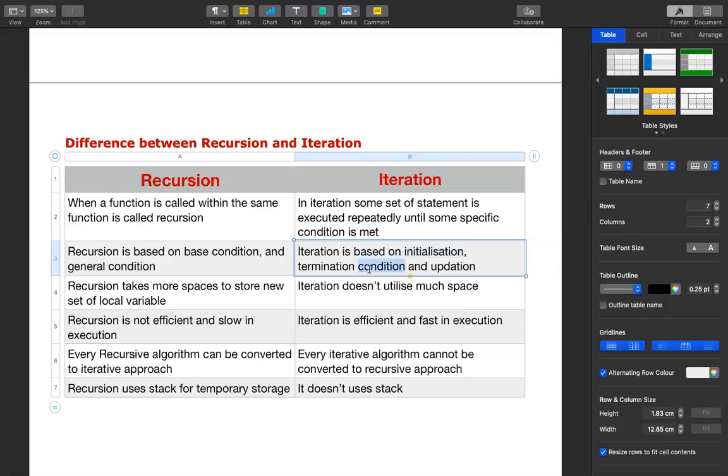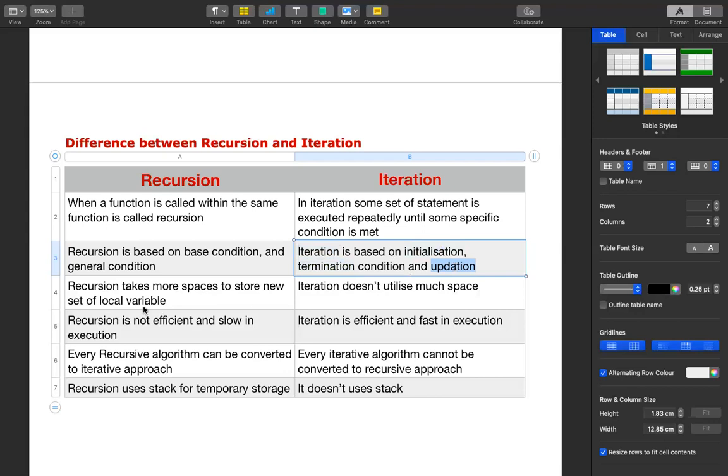Termination, that is till where it has to go; you can't keep on repeating the step, you have to end the repetition at one point, just like how the recursion stops when a base case is met. And finally we need to update, that is, the loop has to be incremented or decremented according to the condition. So recursion consists of two cases, base case and general case, whereas iteration consists of initialization, termination condition, and updation. That is the second difference.